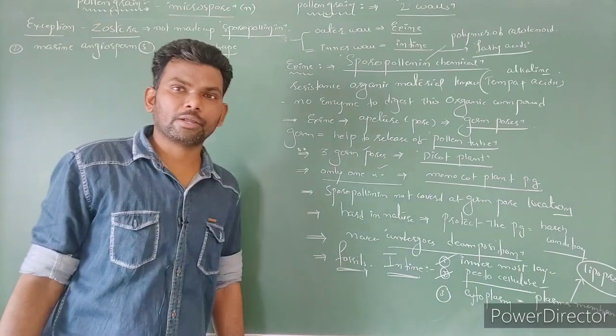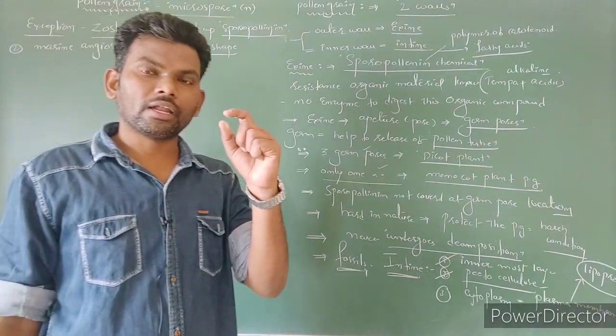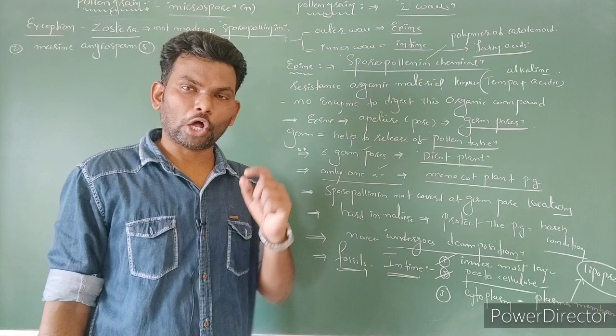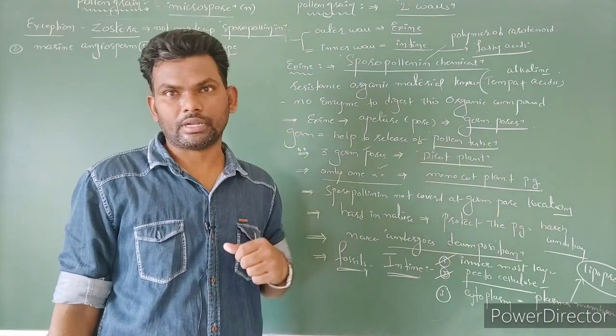Next, some more points regarding pollen grains. The smallest pollen grain is Myosotis. The largest pollen grain is Zostera.